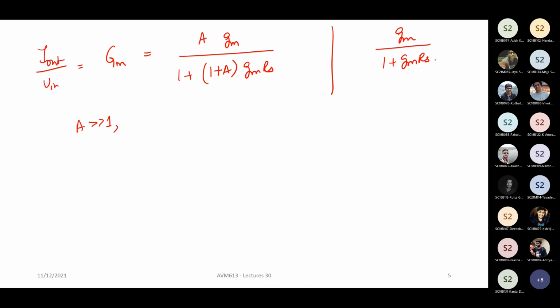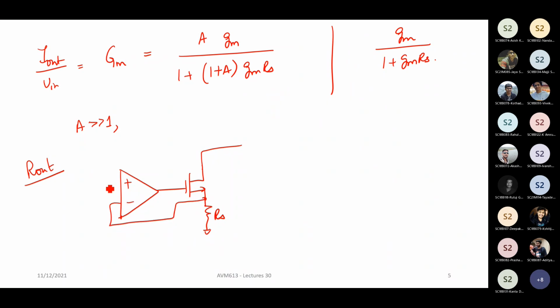Now, if you look at your output impedance, what is your output impedance? How do you find it? Let's take the transistor. We have an Rs here, and let's say this is our op amp. The minus terminal is connected here, and this is connected to ground because you set the input to 0.